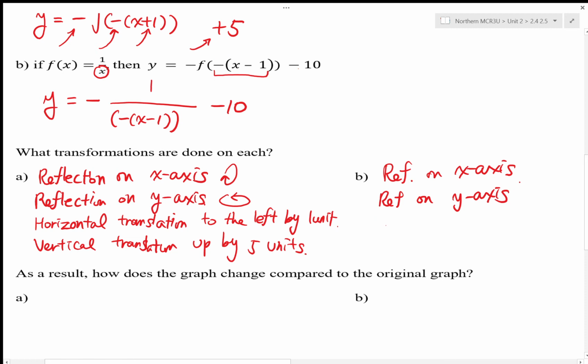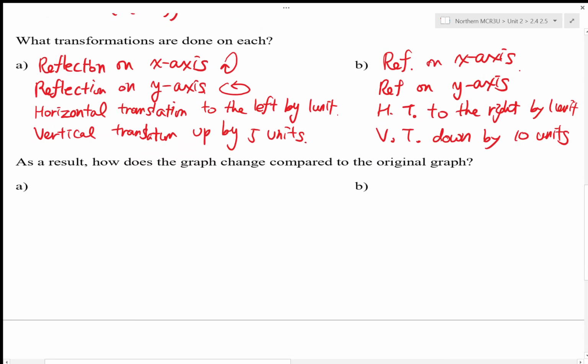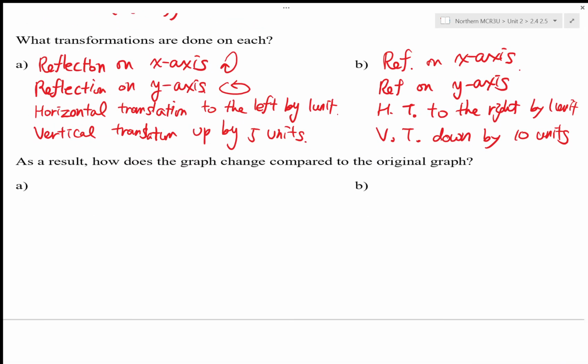And then we have horizontal translation to the right by 1 unit. Again, that's because we have -1 inside. Don't forget. And then lastly, we have vertical translation down by 10 units. That's because we have -10. So hopefully we're okay.